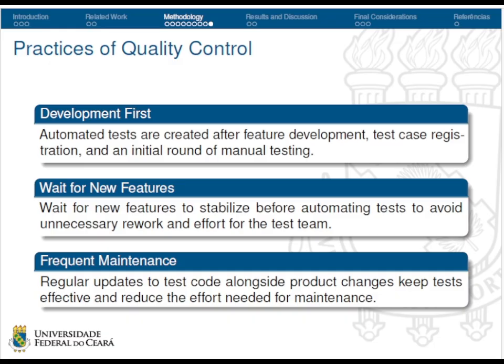We wait for new features to stabilize at least a little bit before automating tests to avoid unnecessary rework and effort from the test team. And we make regular updates to the test code alongside product changes to keep the tests effective and reduce the effort needed for maintenance.